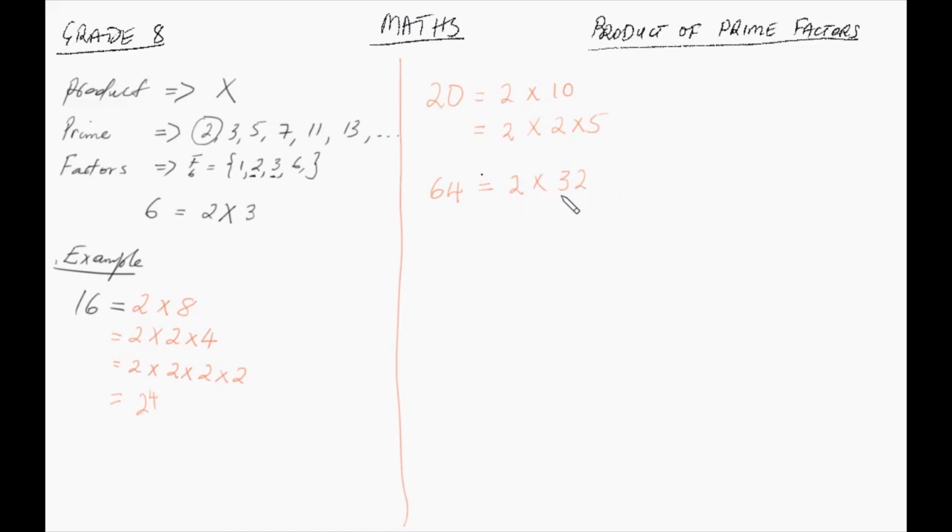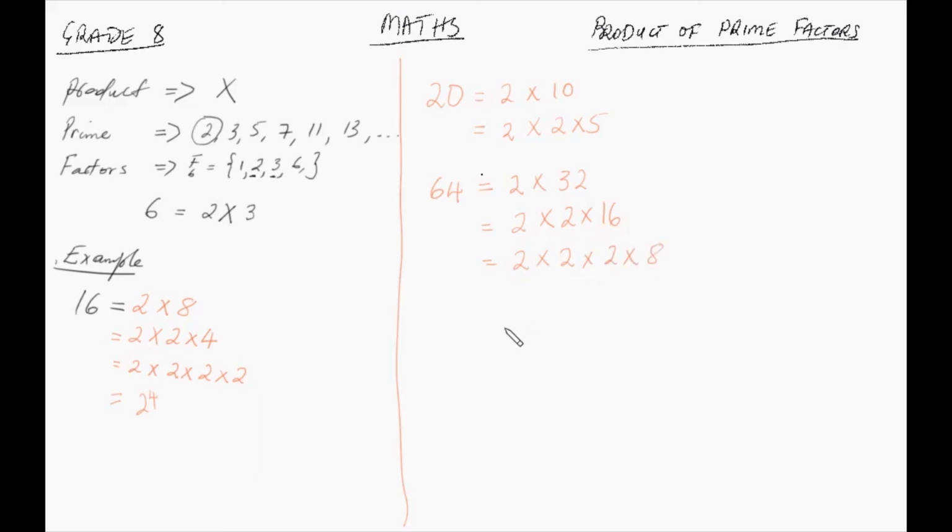Now, 32 is not a prime number. So you can say 2 times 32 is 2 times 16. Now, 16 is still not a prime number. So we put this 2 times this 2 times this. Now 16 is 2 times 8.